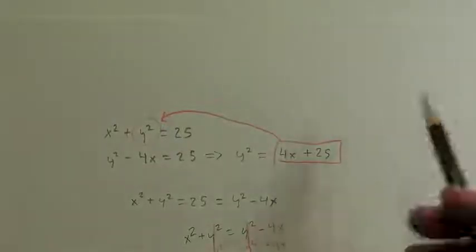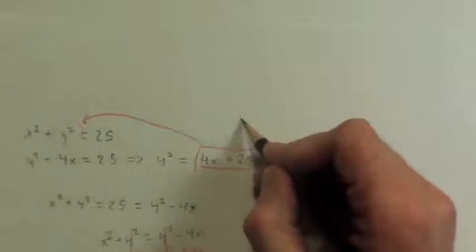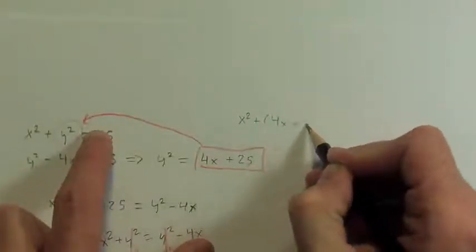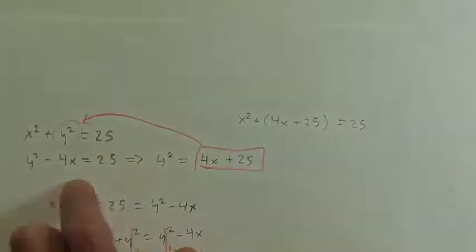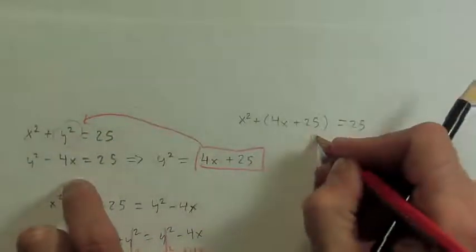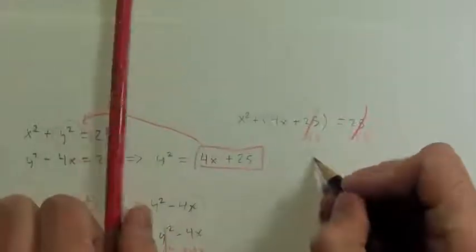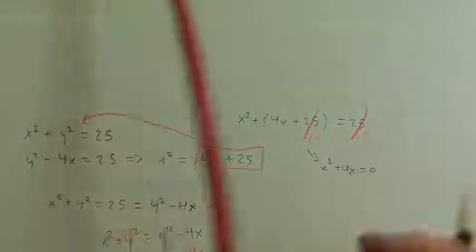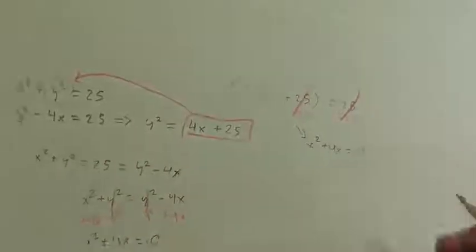Well, let's do that over here. You'd get x squared plus 4x plus 25 is equal to 25. You subtract 25 on both sides, they cancel, and you get down to x squared plus 4x is equal to 0. And, well, check that out.